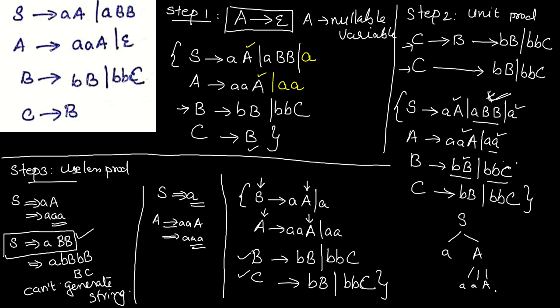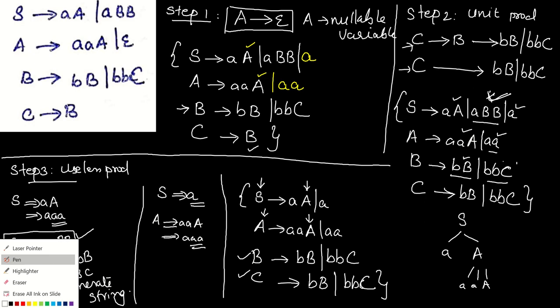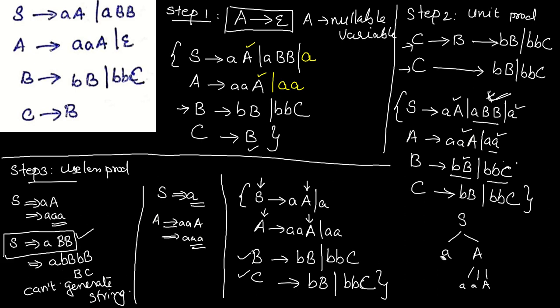In this derivation, in any place, B and C won't come. So that means B and C are useless symbols. So what we have to do, we will simply remove those from our grammar. Those useless symbols we will just remove from our production rules.